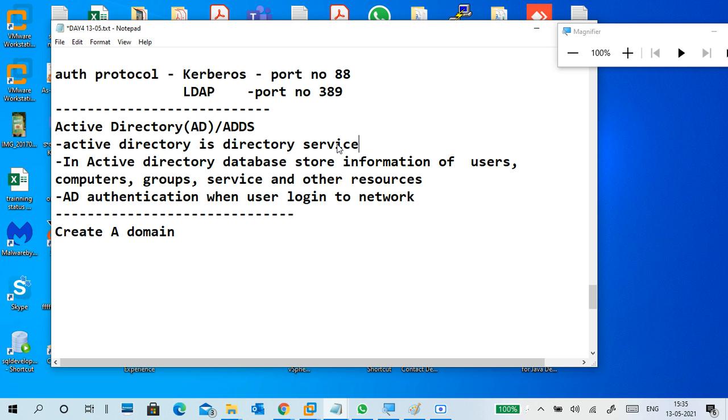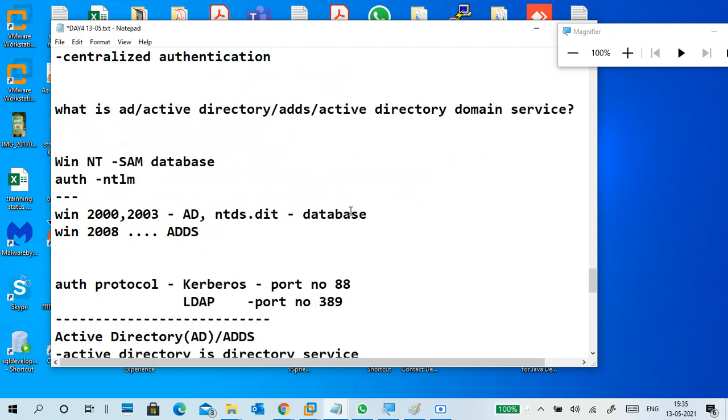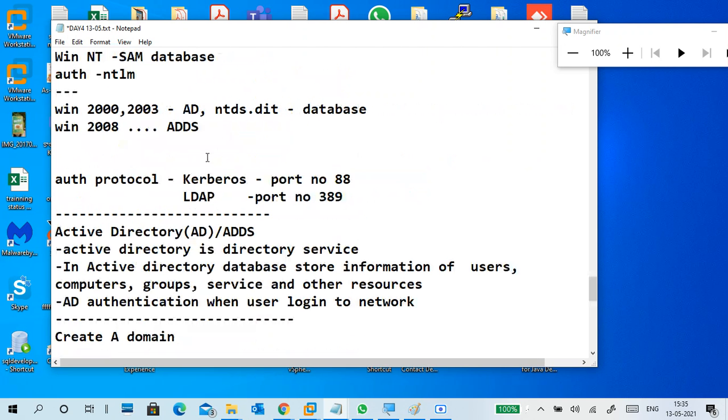Next, I'm missing some point, that's why I'm searching. Yeah. Here I put ntds.dit, the database I told you about, right? What is the abbreviation?